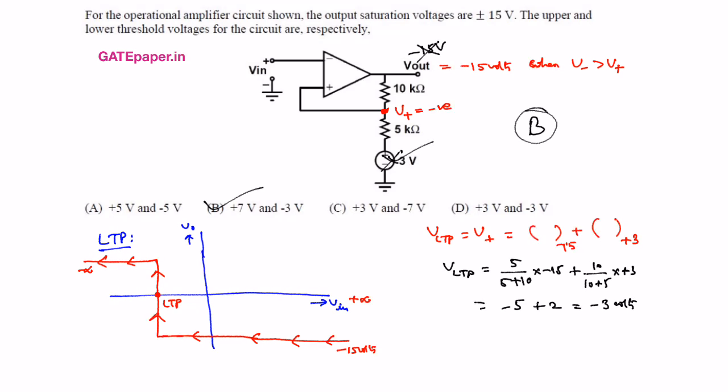And if you draw both on the same line, you are not going to get VLTP and VUTP the same. The difference between VLTP and VUTP is treated as hysteresis.